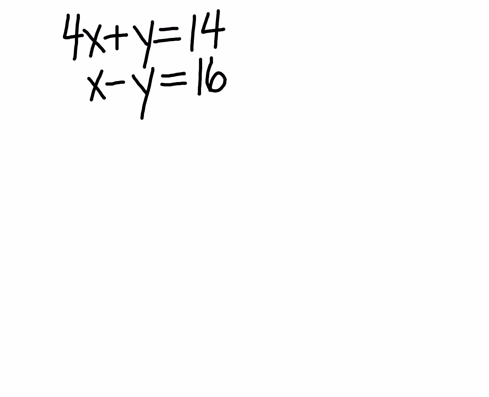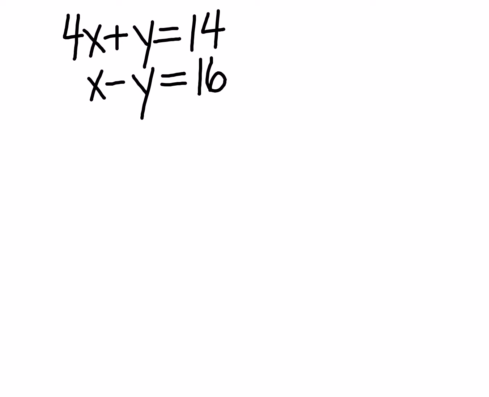Which variable is easier to eliminate, x or y? If I look at my system, I can say 4x plus 1x equals 5x. So I can't automatically get rid of the x. If I look at my y's, I have y minus y. I know y minus y are opposites, and I know opposites equal 0.